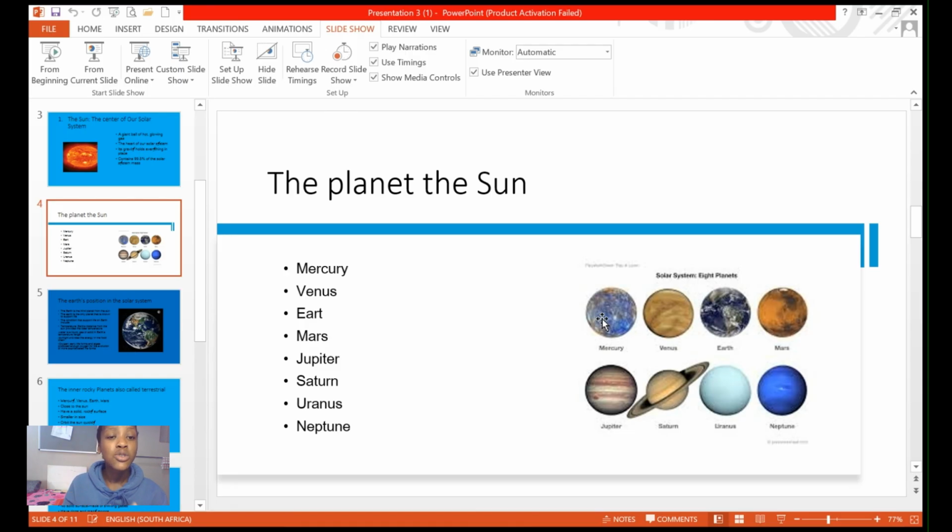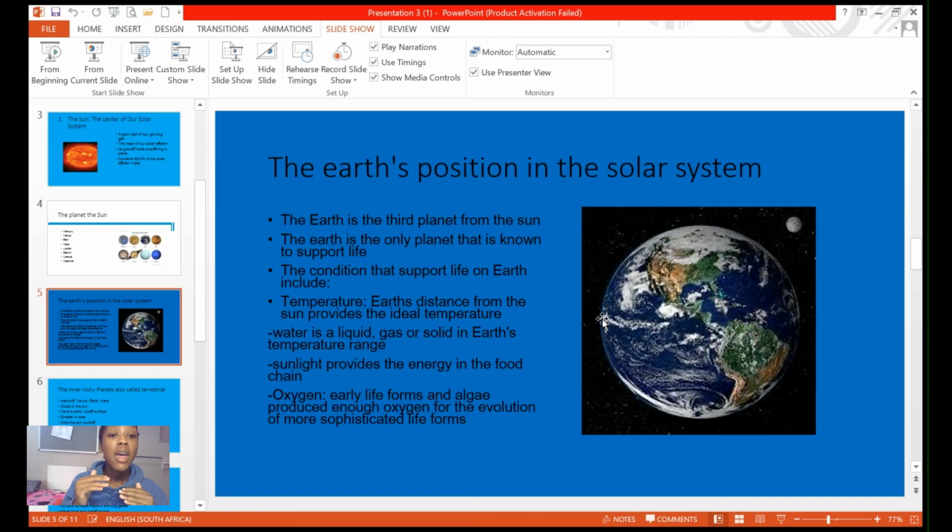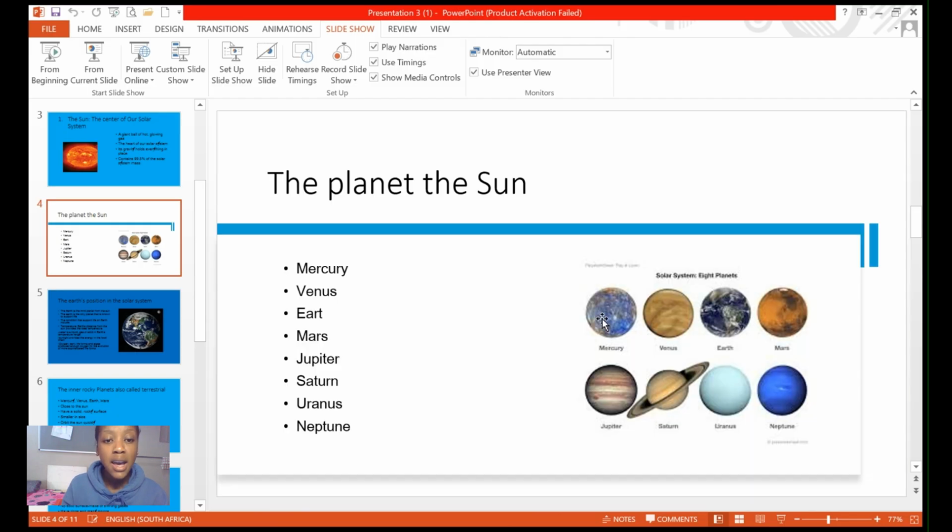Same as Venus, which is too close to the sun. Earth is more distant from the sun, so Earth is able to regulate the temperature for us to survive. And water is a liquid, gas, or solid in Earth's temperature range.